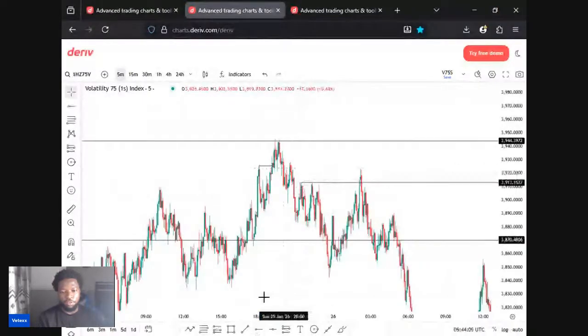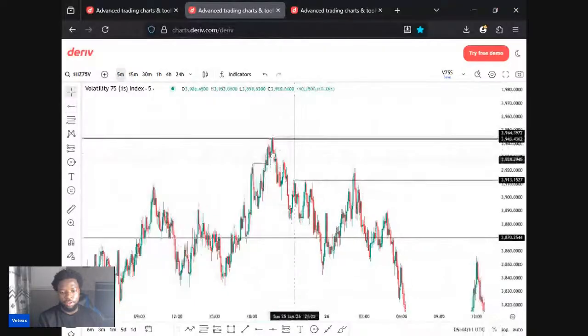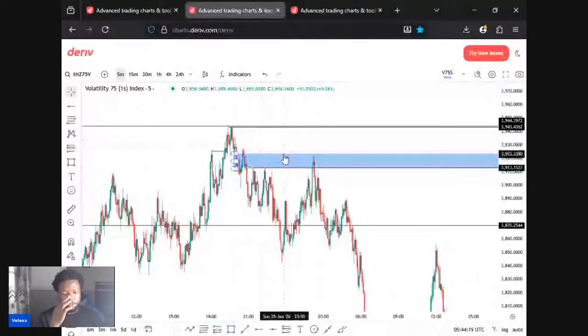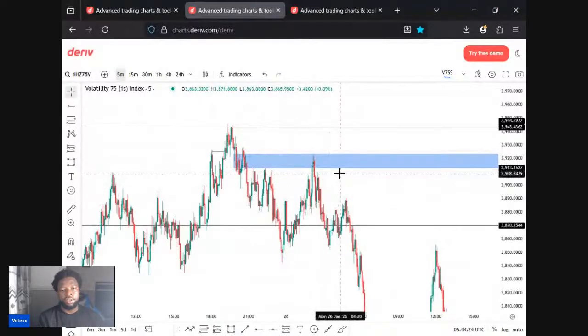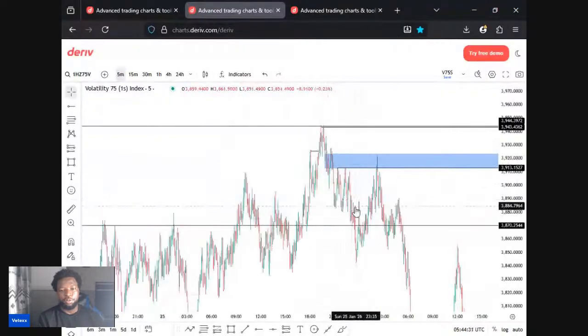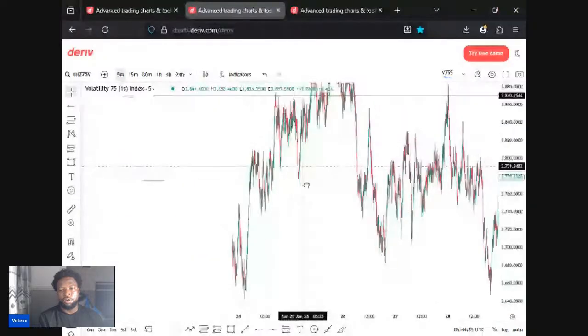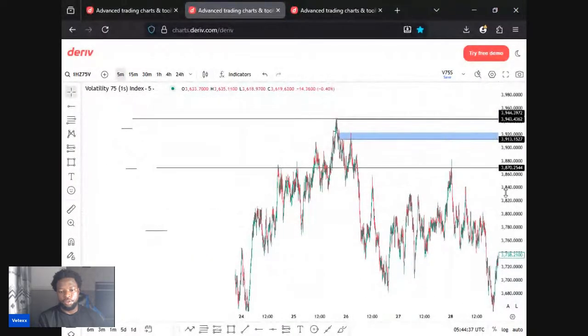And this, we are using as our structural liquidity, as our point of interest. So price tap into it and then give us a continuation. And it confirmed. Immediately it confirmed, it started moving to the opposite direction. So we had this trade all the way from up here to the downside.